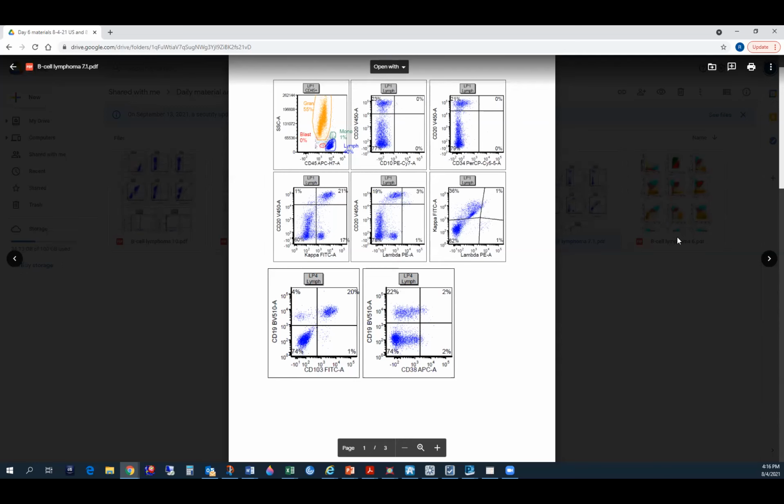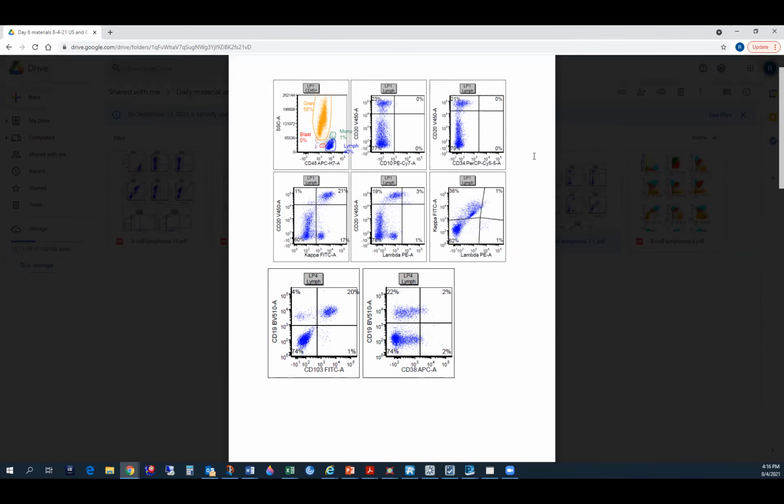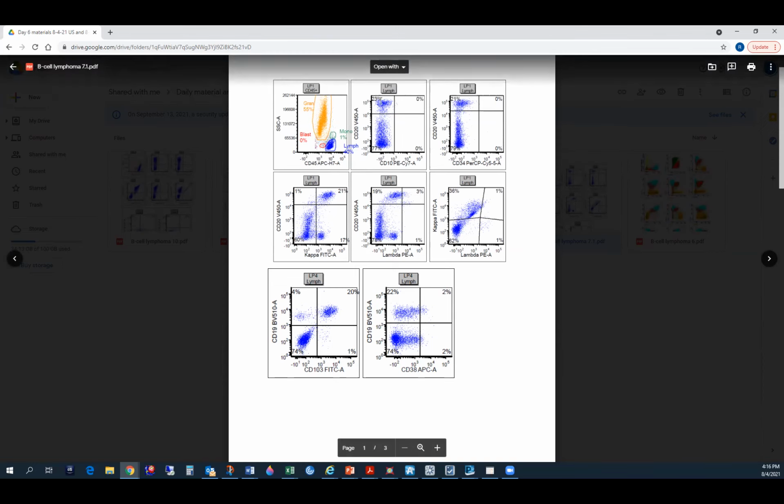CD45 shows cells that are positive. The side scatter looks a little bit high. There's monocytopenia. CD20 is positive, but the lymphocytes are showing a trail.